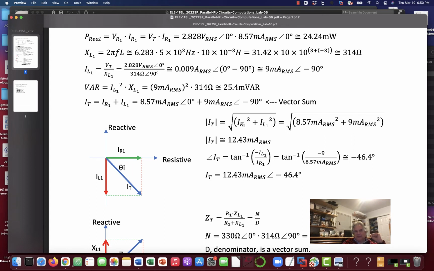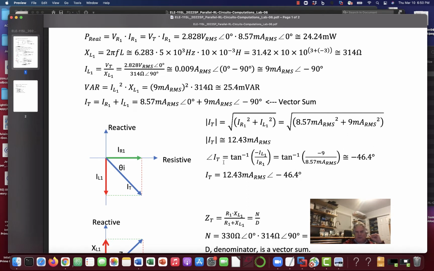I can take the sum of the squares of the other two sides, and then take the square root, and I get 12.43 milliamps RMS. And the angle, this angle here, theta sub I, its opposite would be IL1, and its adjacent would be IR1.